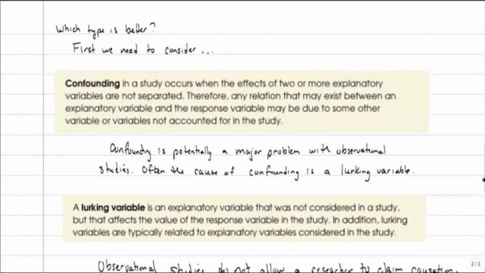Confounding in a study occurs when the effects of 2 or more explanatory variables are not separated. Therefore, any relation that may exist between the explanatory variable and the response variable may be due to some other variable or variables not accounted for in the study. For example, in your textbook you read about senior citizens getting the flu shot.